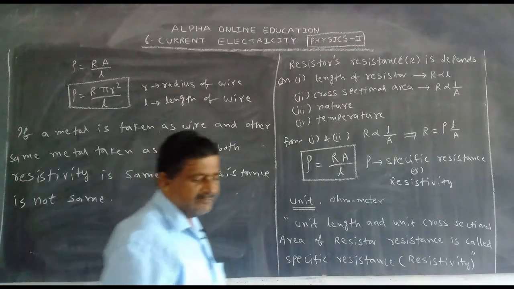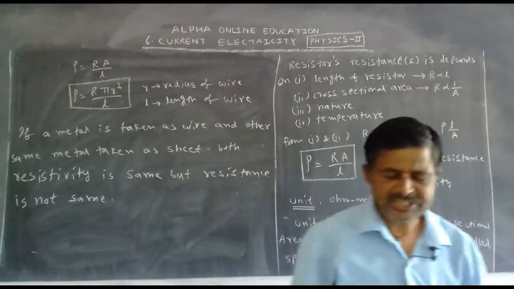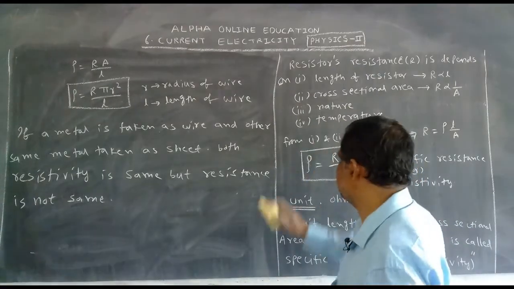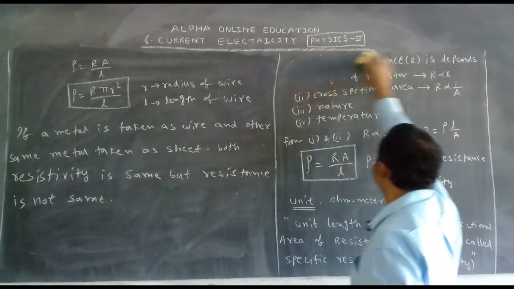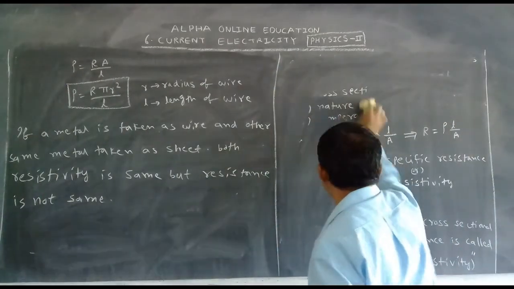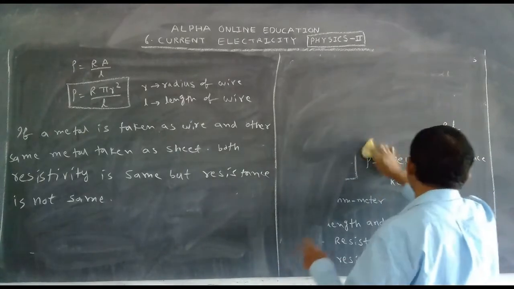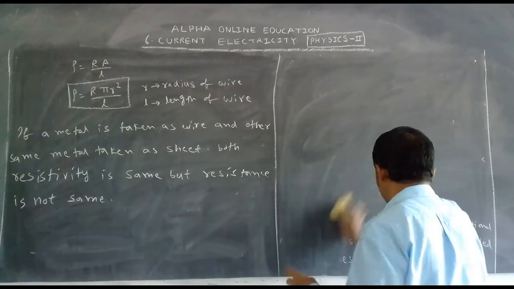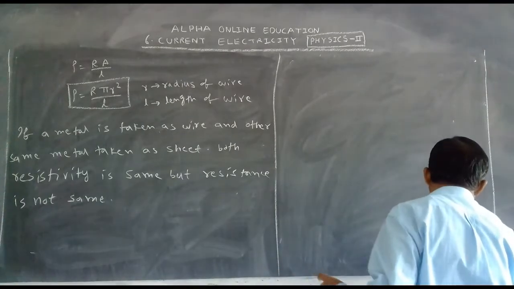You take any wire or a sheet, both made of the same material, both resistivity is the same, but resistance is not the same. This is one of the important points for the 2 marks.